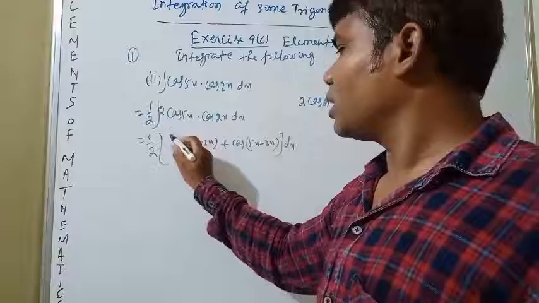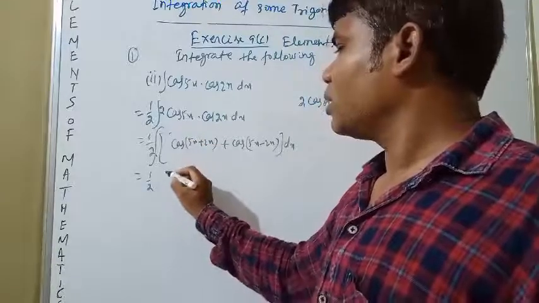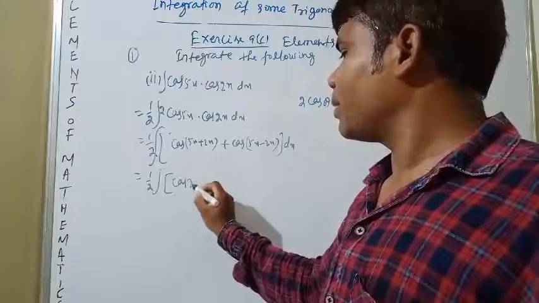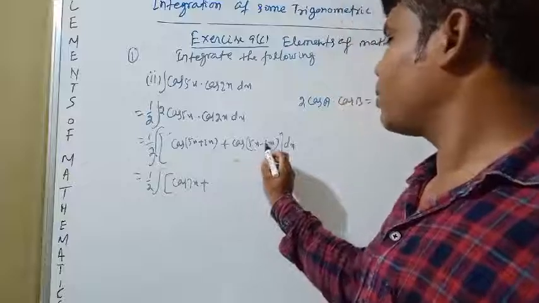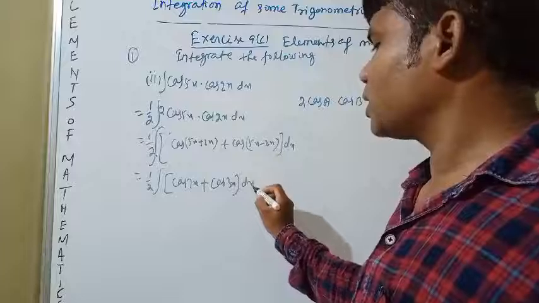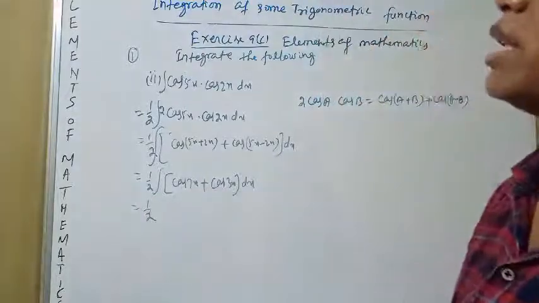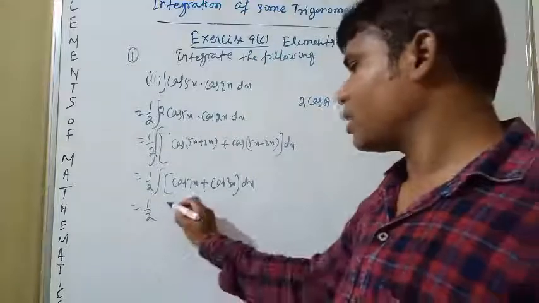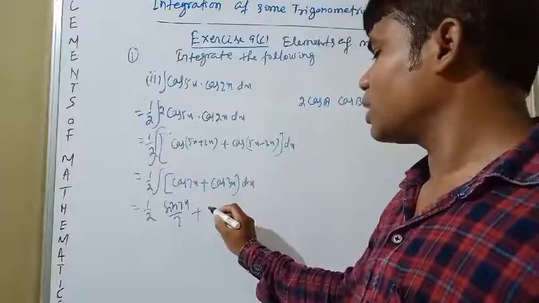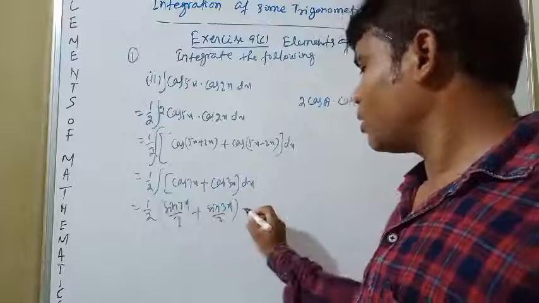Here integration: this is integration of cos 7x plus cos 3x dx, which is equal to half integration of cos 7x, that is sin 7x by 7, plus integration of cos 3x, that is sin 3x by 3, plus c.